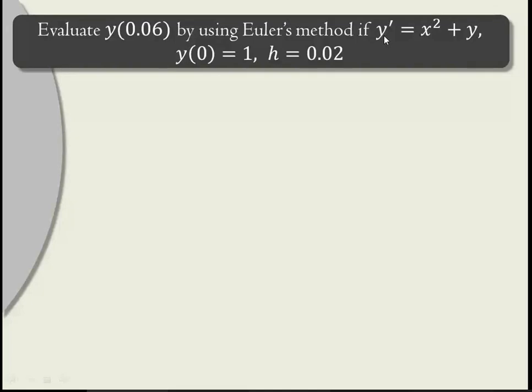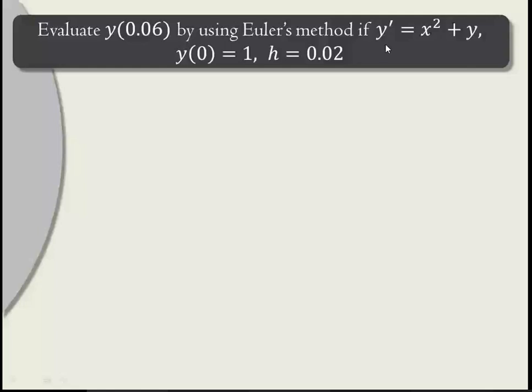So f of x is given to us, h is given to us, x naught is given, y naught is given, and we want to find it at 0.06. So this is the value of xn. Making use of these things, we have to solve this first order differential equation.